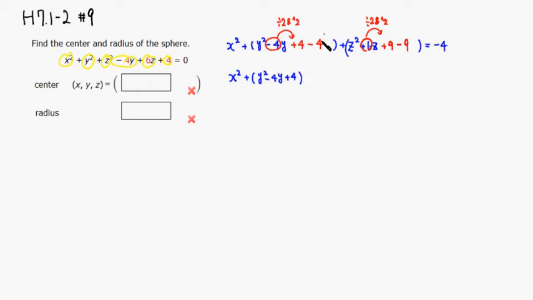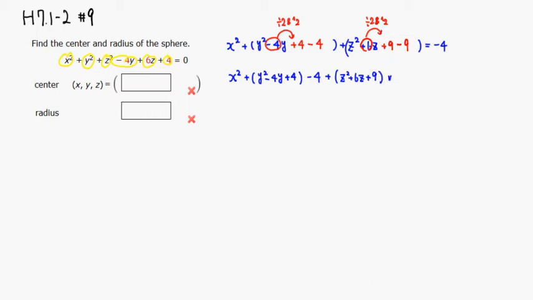Then there's a negative 4 here, so I'm going to put it outside. So negative 4. Then here, I'm going to put z squared plus 6z plus 9. Then pull negative 9 outside.